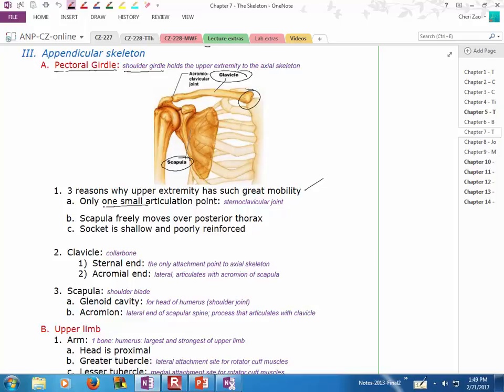The scapula is going to move freely over the posterior thorax. And remember, the scapula has 3 fossas. We have the supraspinous fossa, the infraspinous fossa, and the subscapular fossa. Which one is anterior?